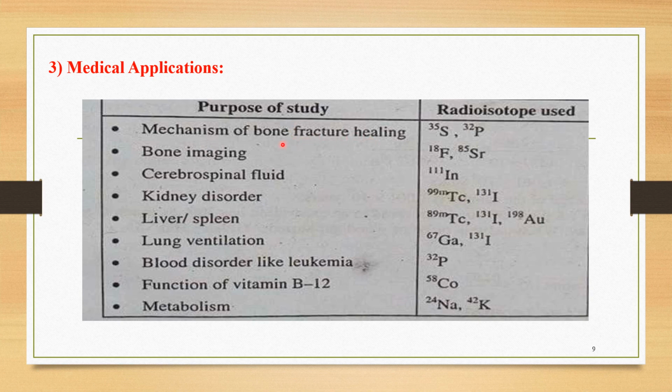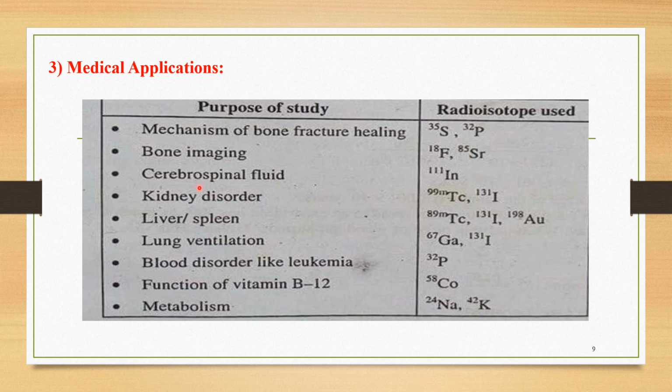If we want to locate bone fracture healing in the body, we use the radioisotope of sulfur with mass number 35, or the radioisotope of phosphorus with mass number 32. For bone imaging, we may use the isotope of fluorine with mass number 18 or the isotope of strontium with mass number 85.